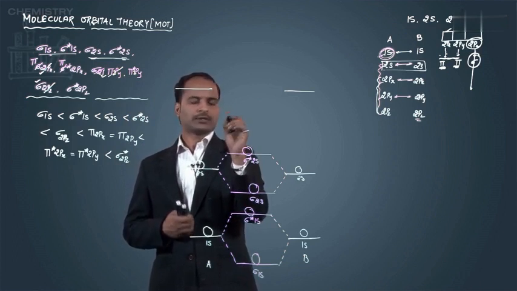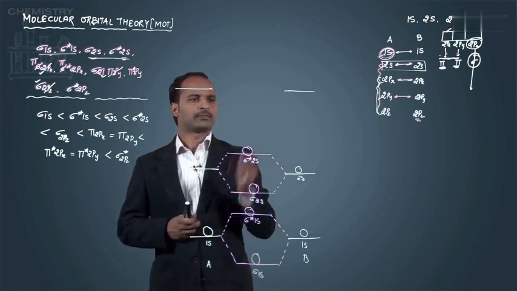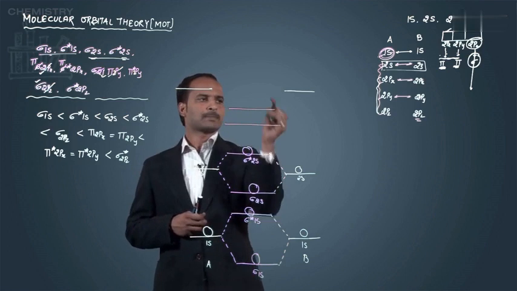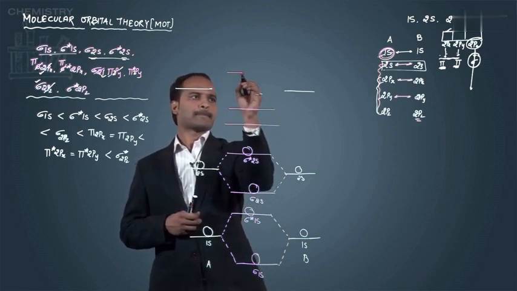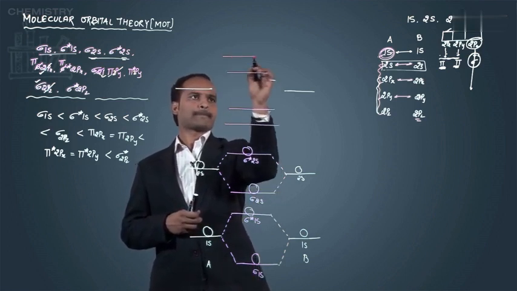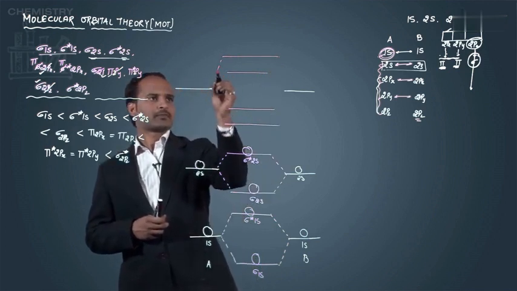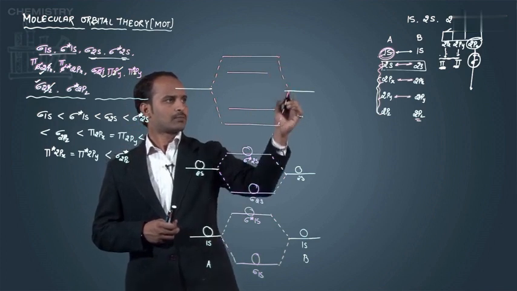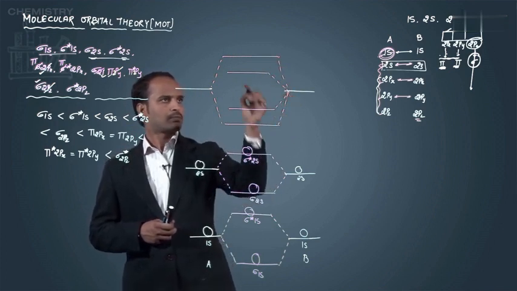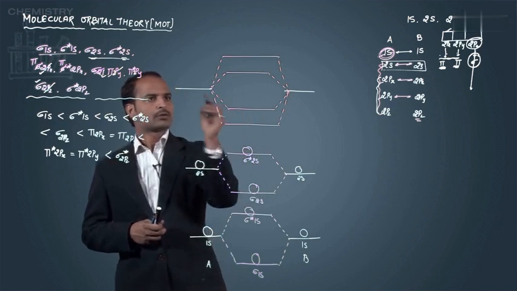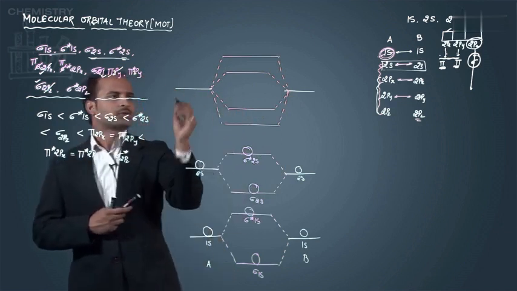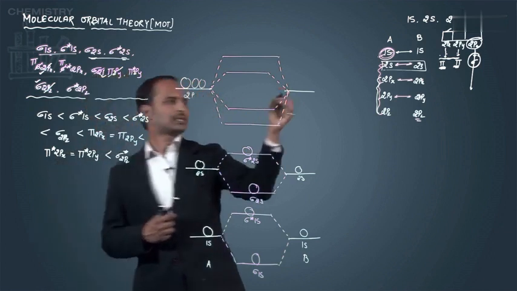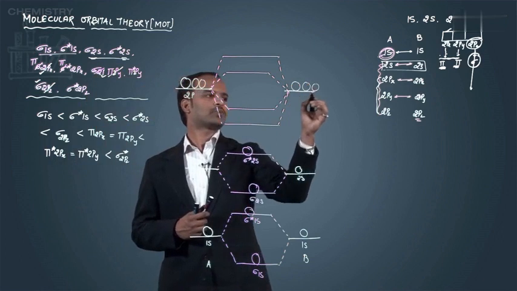So the 2p orbitals are 2px, 2py, 2pz for the first atom, and again 2px, 2py and 2pz for the second.